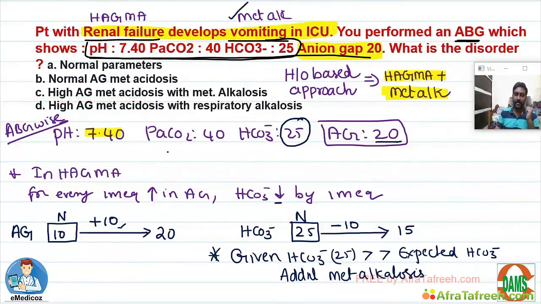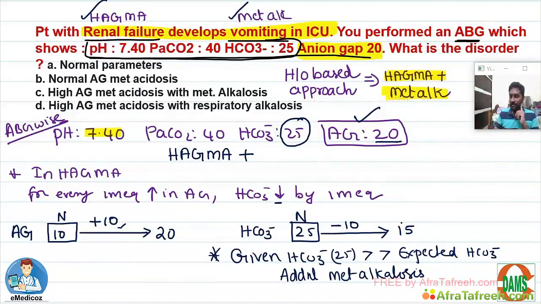So here there is a high anion gap metabolic acidosis. How are you telling? There is anion gap high and relevant clinical history. Along with that, what you have identified in the ABG, if there was only high anion gap metabolic acidosis, the bicarbonate should have stayed at 15, but it has again reached 25.